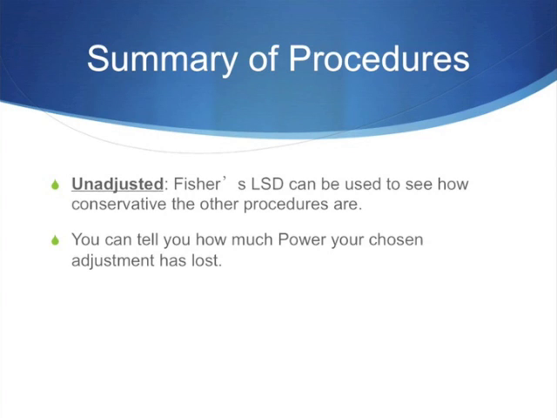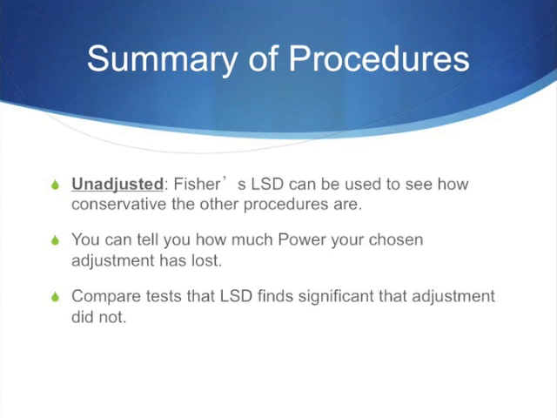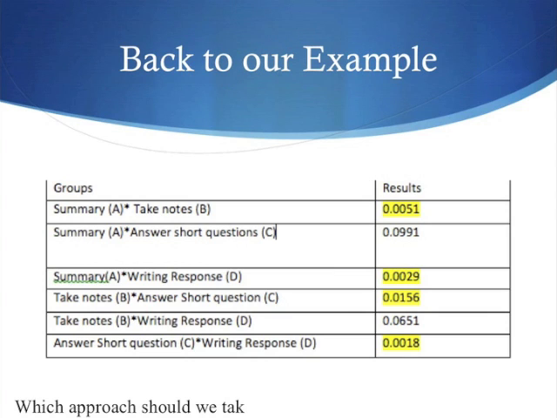So it can tell us how much power we need to choose to adjust and choose which adjustment is appropriate for our tests. So compare tests that LSD finds significant that adjustment did not. Here is our example. As I said, we have 4 significant results.